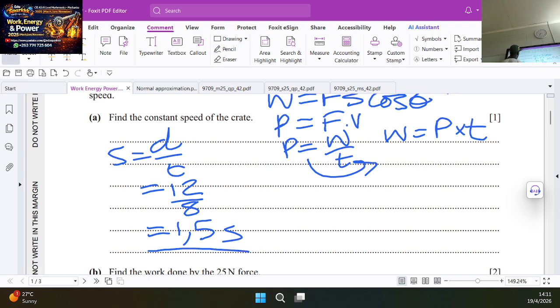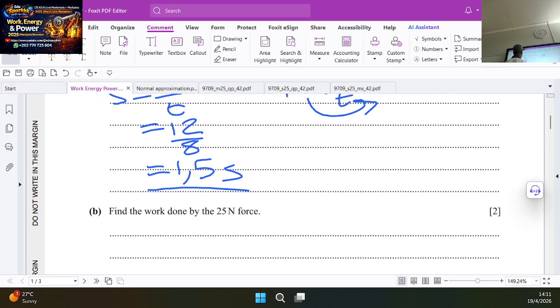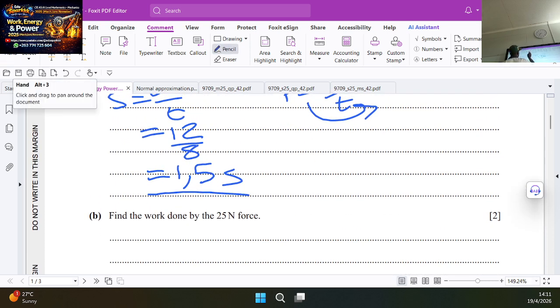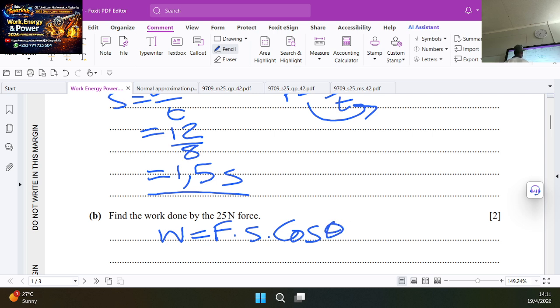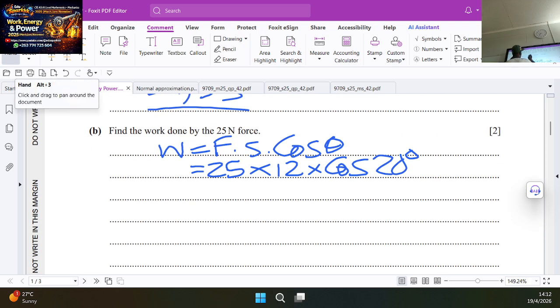Then moving to the second problem, find the work done by the 25 newton force. So if we want work, we said it's F times displacement times cos of angle theta. And our force there we are given as 25, multiplied by distance covered, which was 12 according to the information, times cos 20 degrees. For this problem, we would need a calculator to do the simplification.